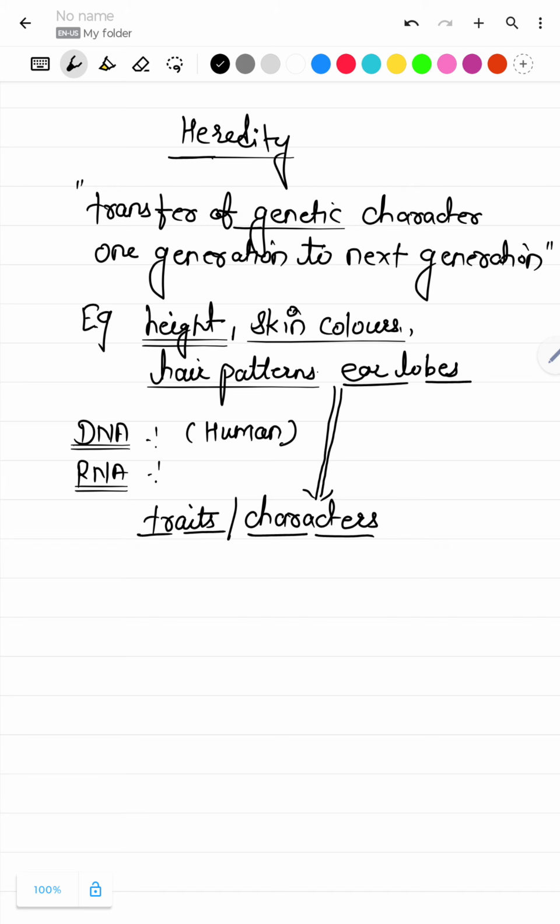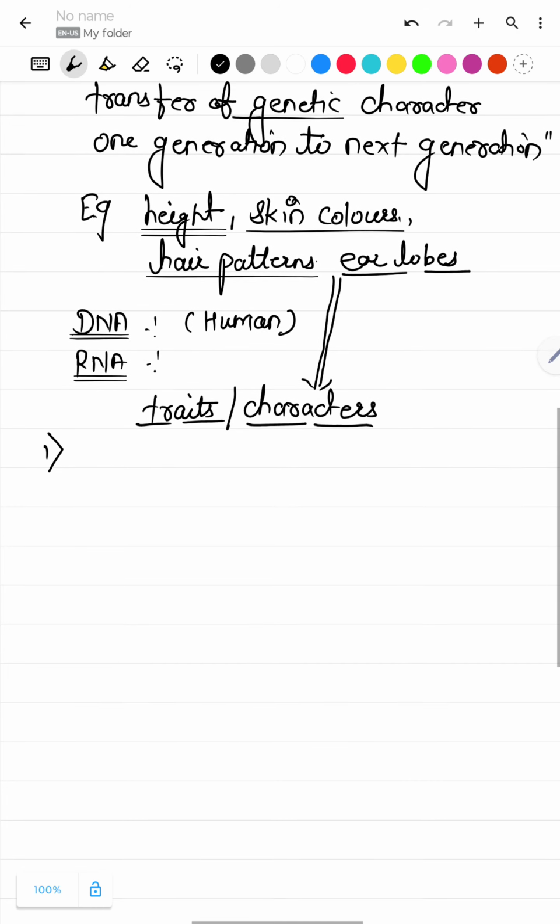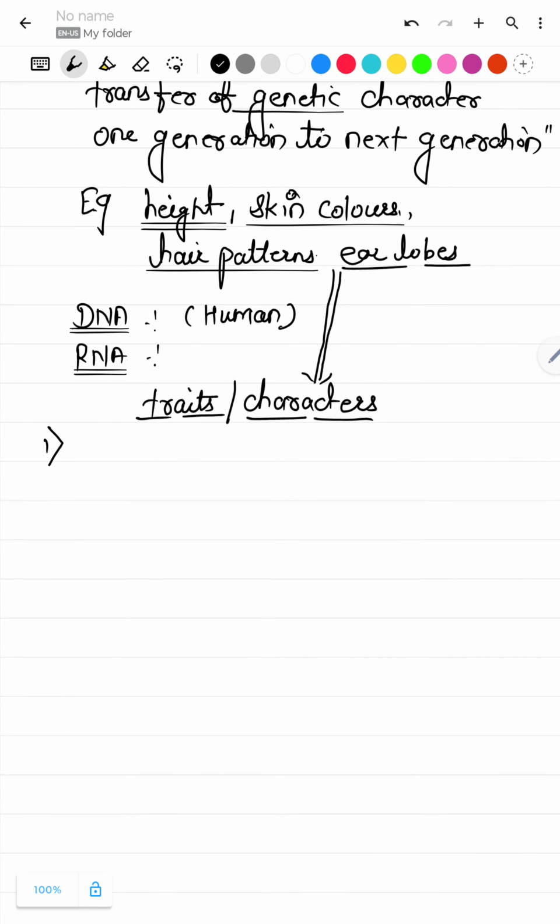Now these traits are basically of two types. The first type of trait is what? That is the inherited traits.